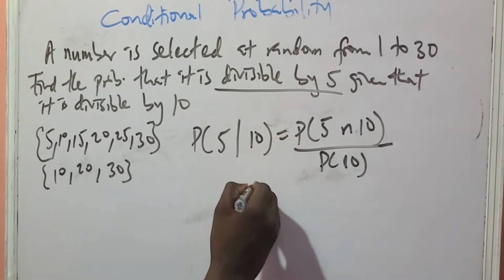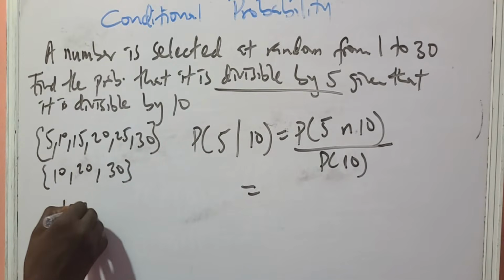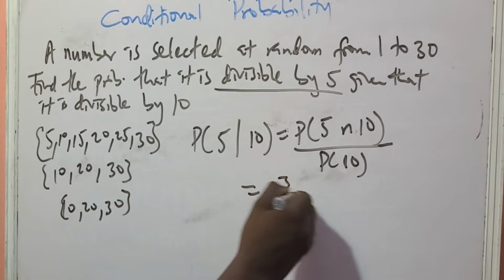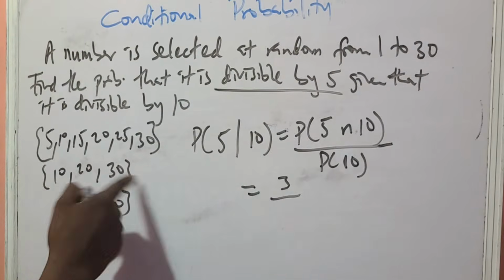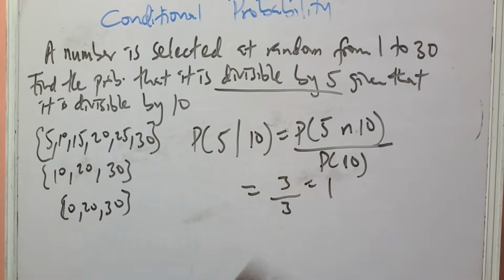In this case, the intersection between 5 and 10 gives us 10, 20, and 30. How many elements do we have there? We have 3. How many elements do we have for just 10? We have 3. This is 3 over 3, that's 1. It's that simple.